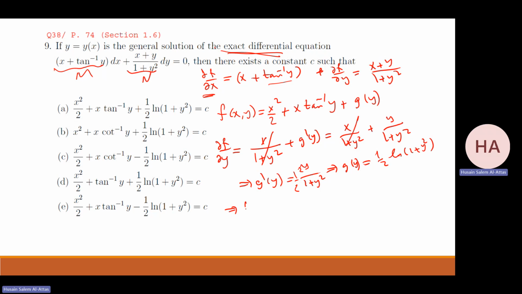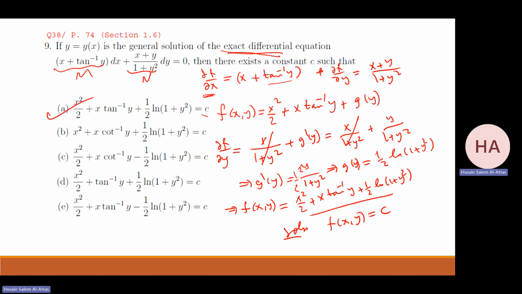So it will be my function. It will be x squared over 2 plus x tan inverse y plus half ln 1 plus y squared. Is this my solution? No. The solution f of x y is equal to c. So this is equal to c.